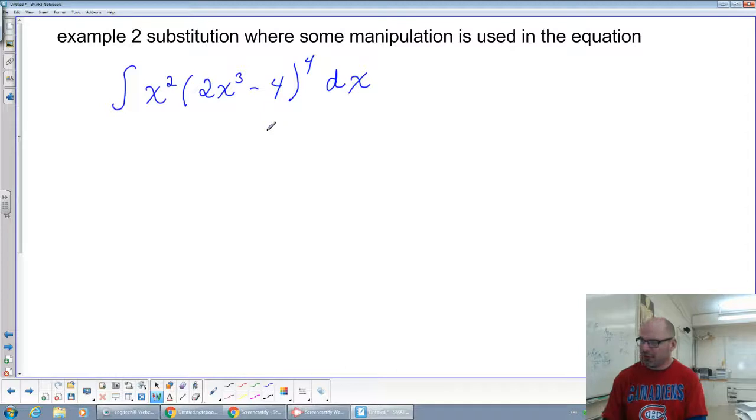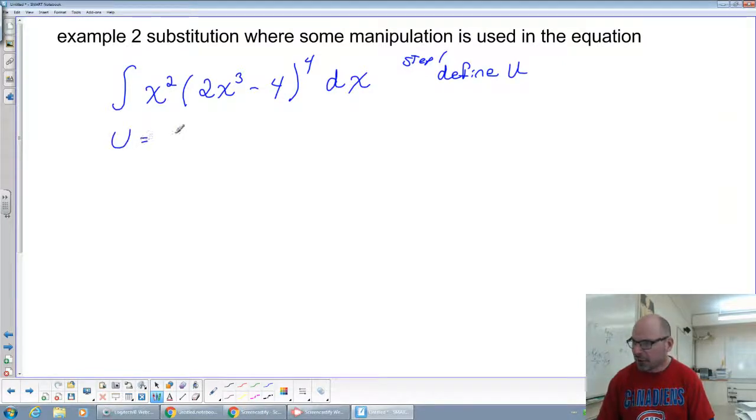So the first step is again to define the variable. Define v or u or whatever you're going to use. So that's going to be u equals 2x cubed minus 4. It's not going to be to the power of 4, it's just going to be that.